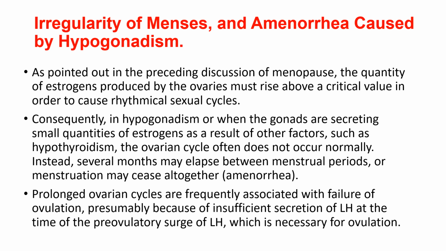Instead, several months may elapse between menstrual periods, or menstruation may cease altogether, amenorrhea. Prolonged ovarian cycles are frequently associated with failure of ovulation, presumably because of insufficient secretion of LH at the time of the preovulatory surge of LH, which is necessary for ovulation.